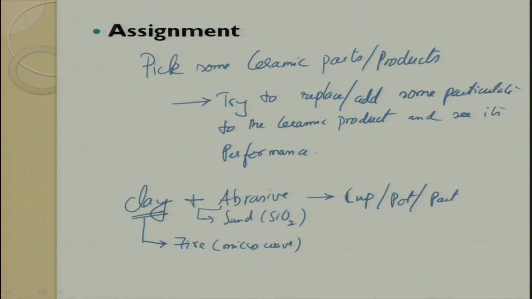So, you can put it in a microwave and then try to make one again, cup or pot, whatever it is. Next, you take clay, mix with some volume fraction of SiO2, and then first see what happens in the formability while making a shape, and then what happens when you put it inside the microwave. Just qualitatively make a comparison.